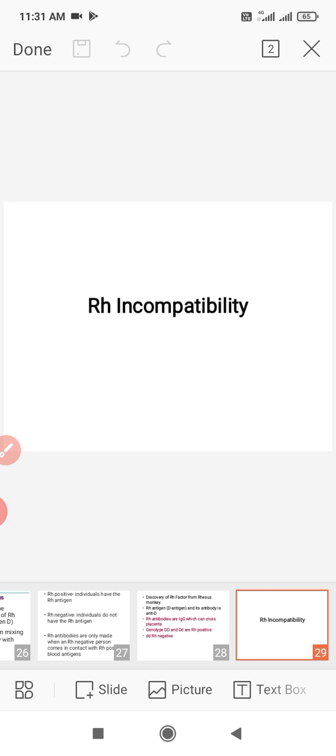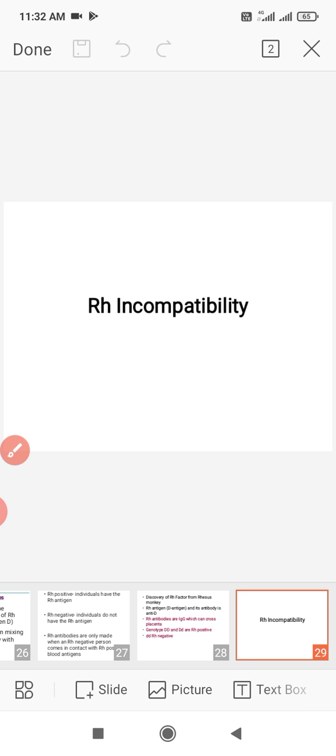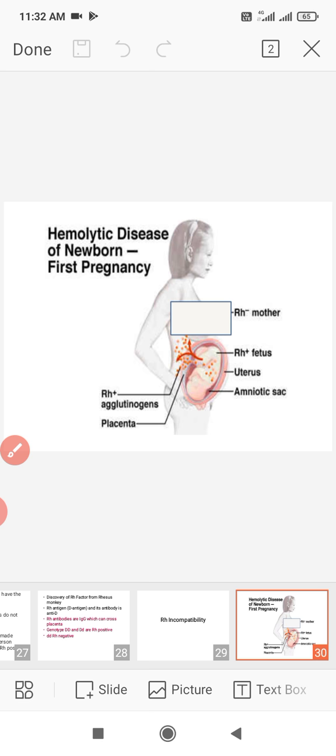Next, coming to RH incompatibility. Compatible means suit, so both will suit. But incompatibility means there is a difference. So this is one clinical condition.